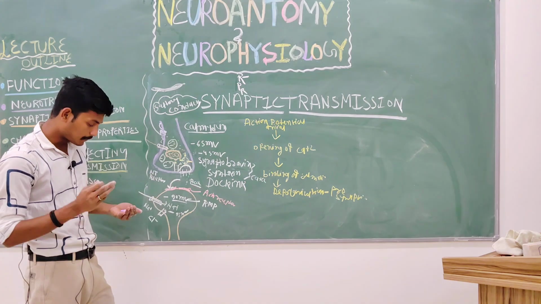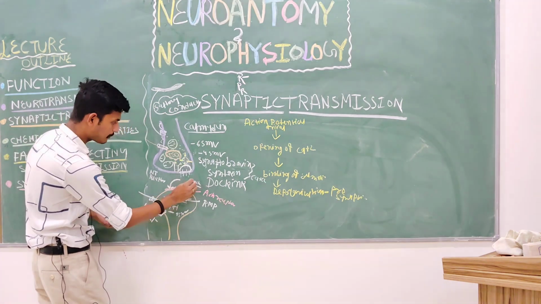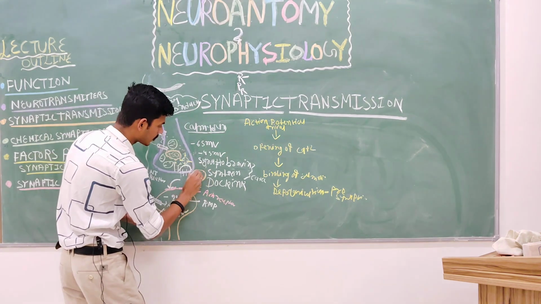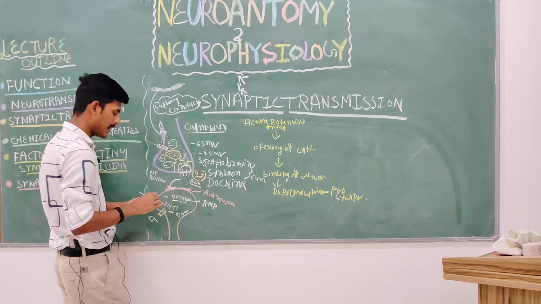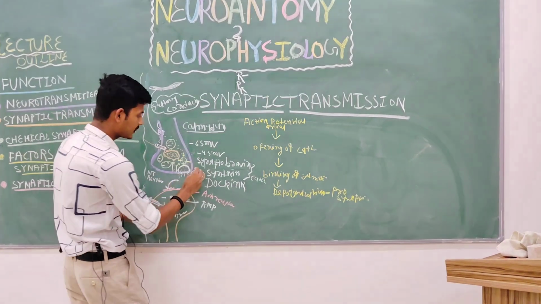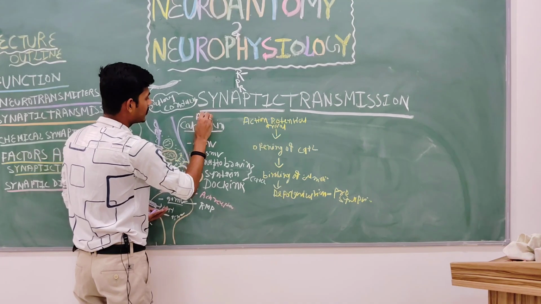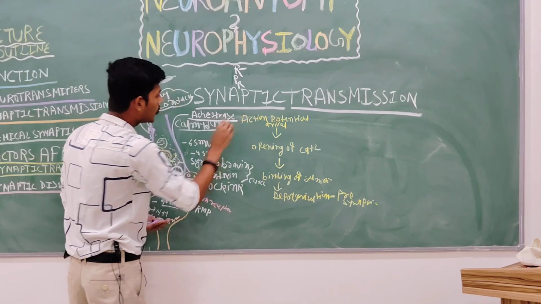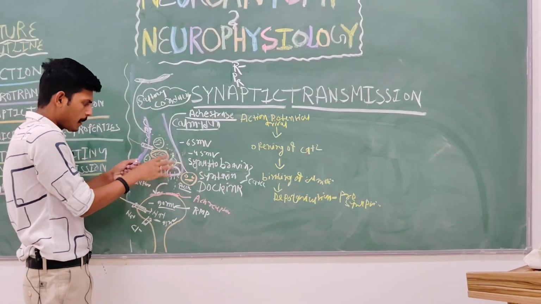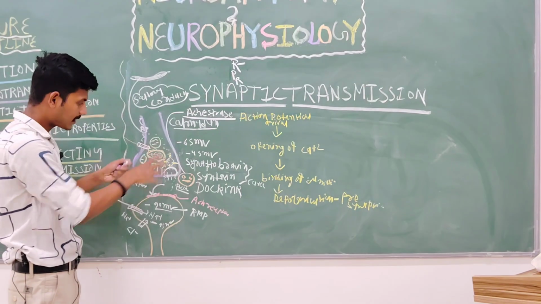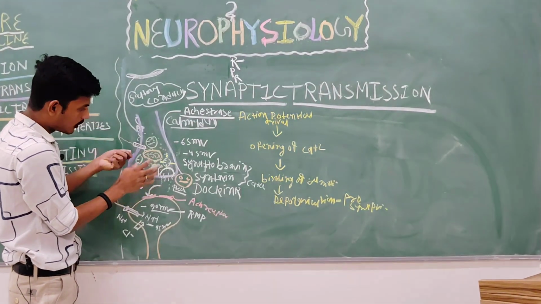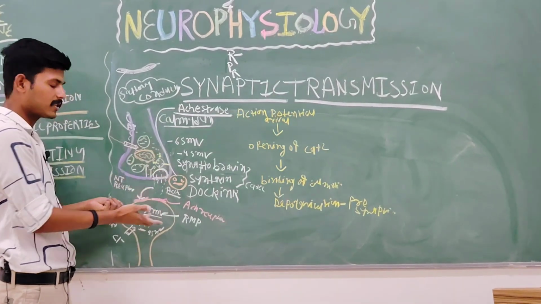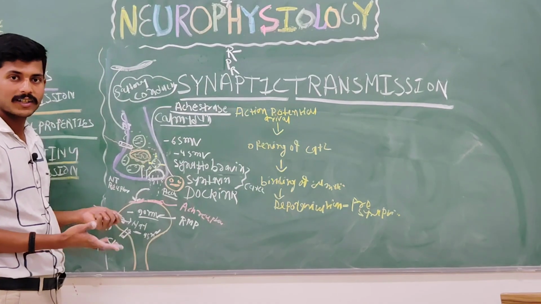But sometimes, here there is also the presence of one enzyme, which we discussed previously. This is called acetylcholinesterase. Its function: vesicles are docking and fusing in plenty, in a larger number, but that much neurotransmitter is not needed.